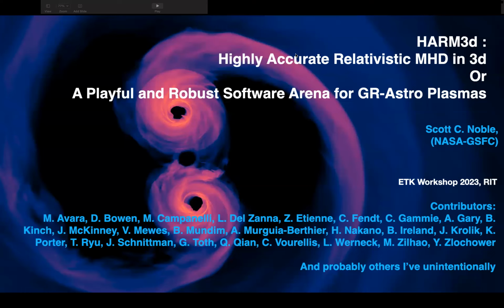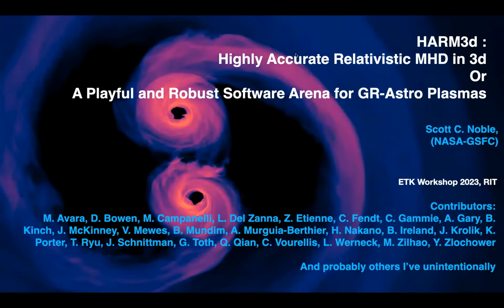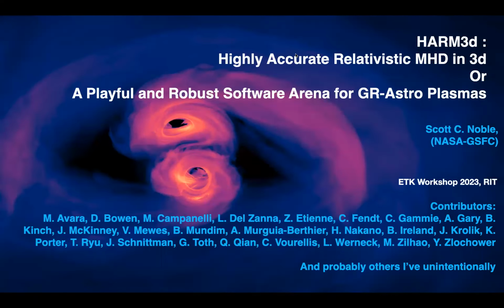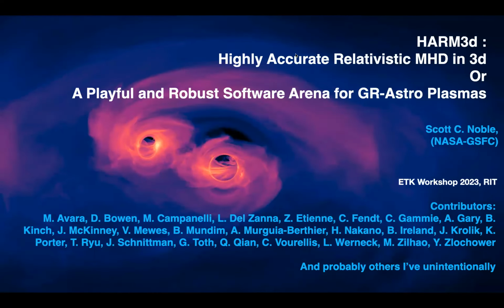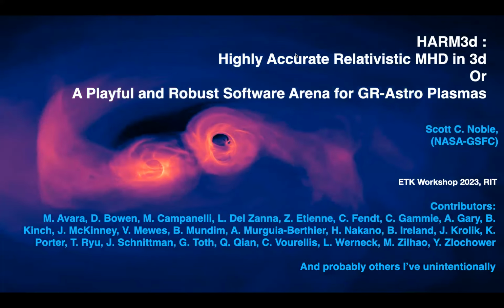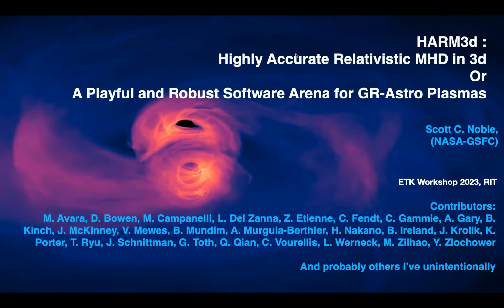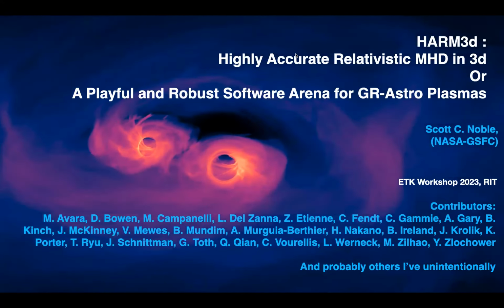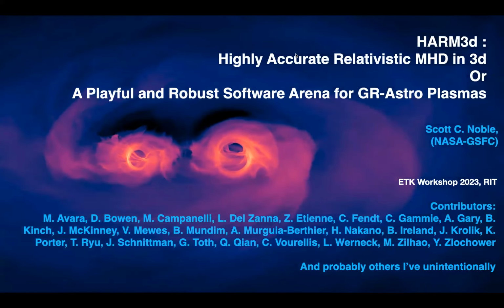All these people have contributed in some way to some aspect of Harm or its associated codes. And I probably have missed some people, so I apologize if I've left your name off. Harm and its ray tracing cohorts have been used to make this simulation image showing the X-ray emission from accreting supermassive binary black holes.